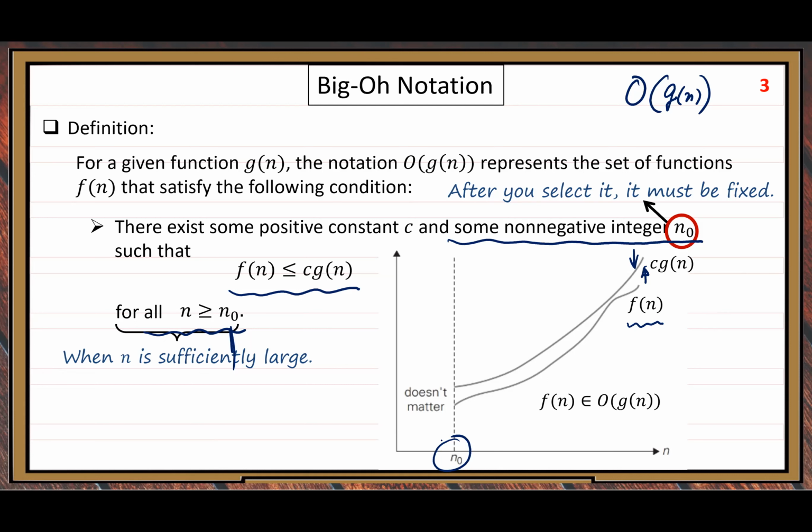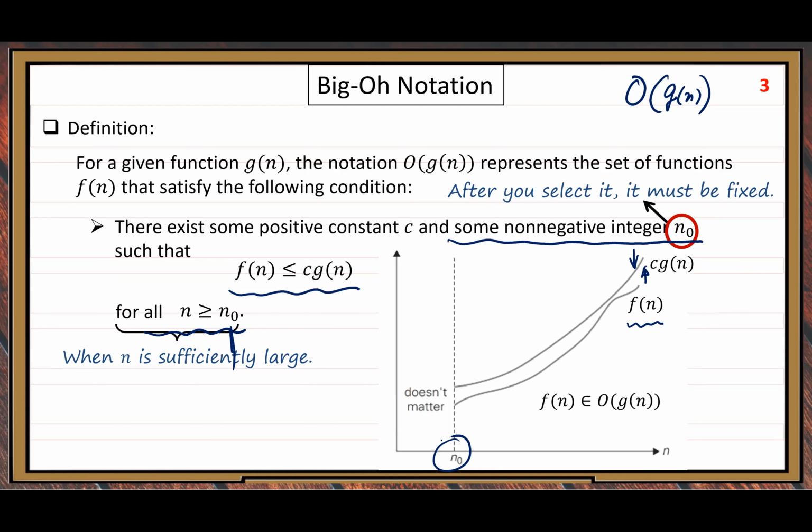But at the right-hand side of this line, we need to make sure c, the constant multiple of g of n, its curve is completely above the curve of f of n. That's the meaning of this definition. So that's the visual understanding, this graph.